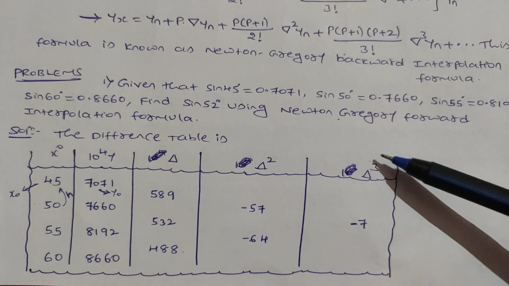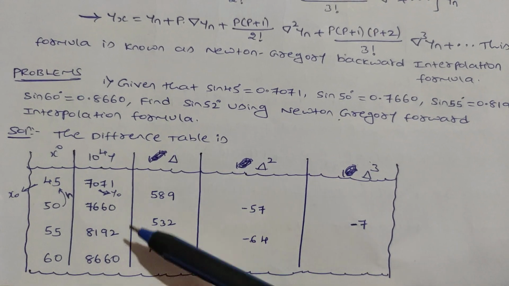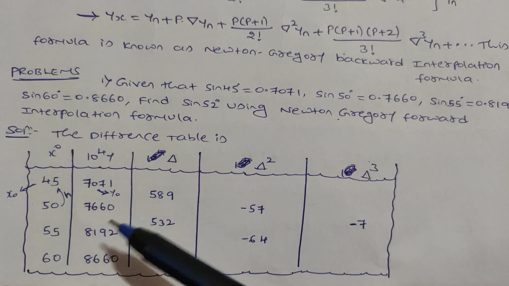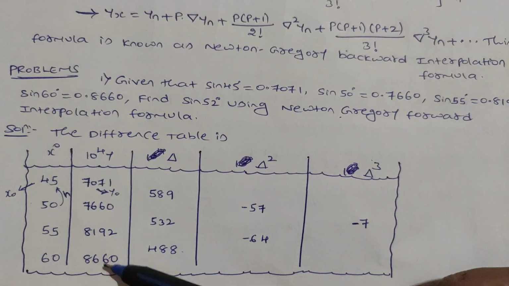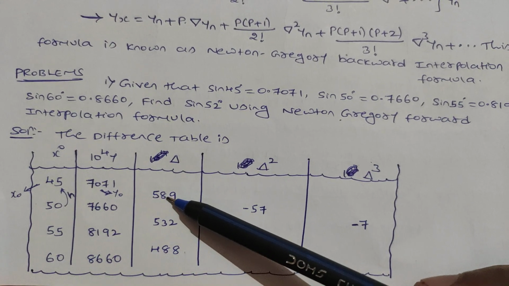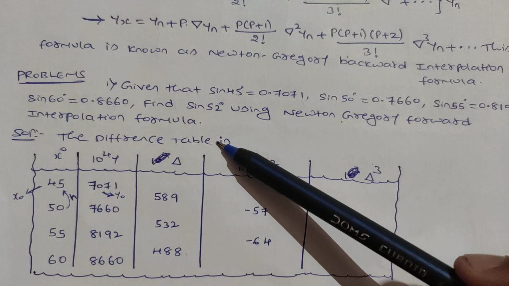So therefore we have constructed a difference table. We have already discussed the method of writing the difference table in the previous classes. So x will be given and then y will be given, and take the difference of y. This is the procedure we consider in the case of a difference table.